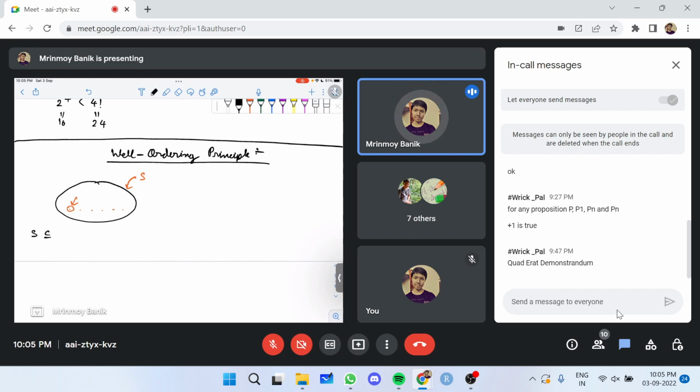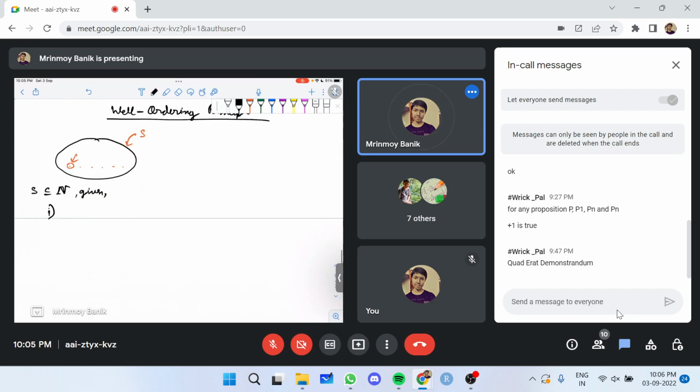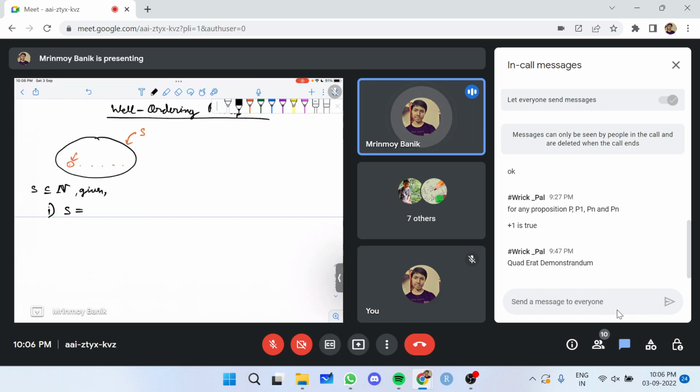First, S is a subset of natural numbers. Second, S is non-empty, so S is not equal to the empty set. The first assumption is already met, that is, S is a subset of N.